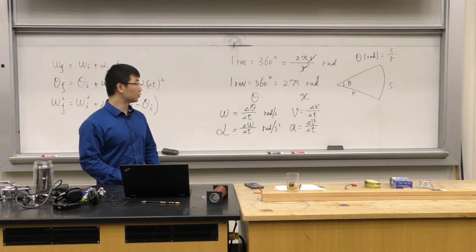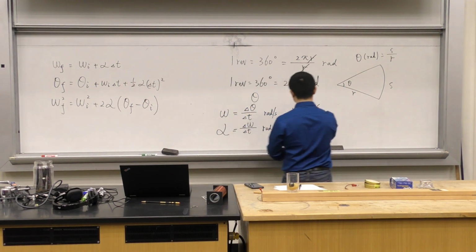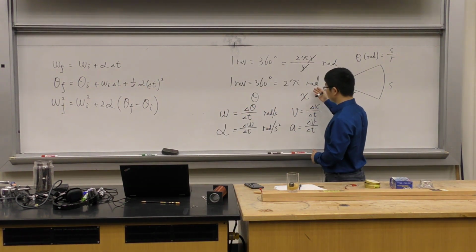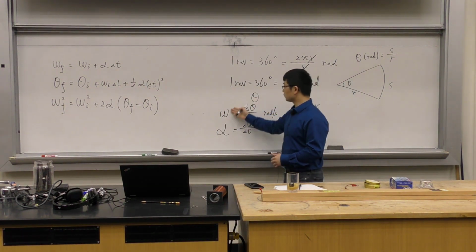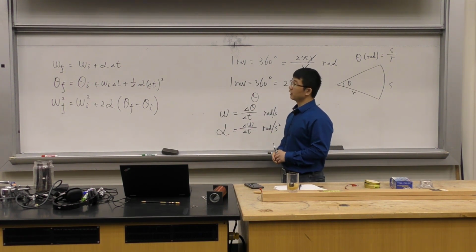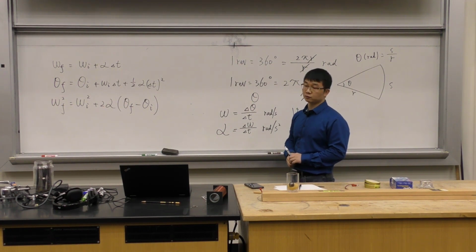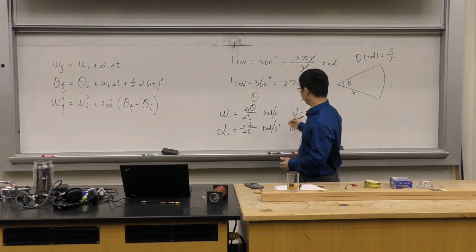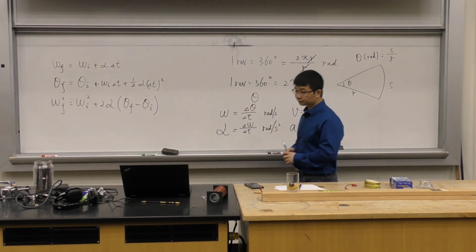All you need to do is replace all the symbols in the original kinematic equations with the new symbols we defined. Then everything is the same. And we don't have x and y components in rotation, which is actually easier, okay?